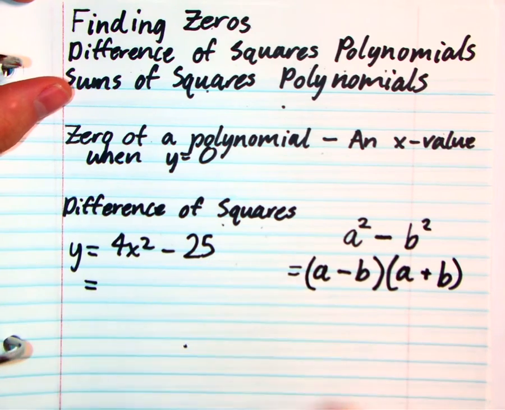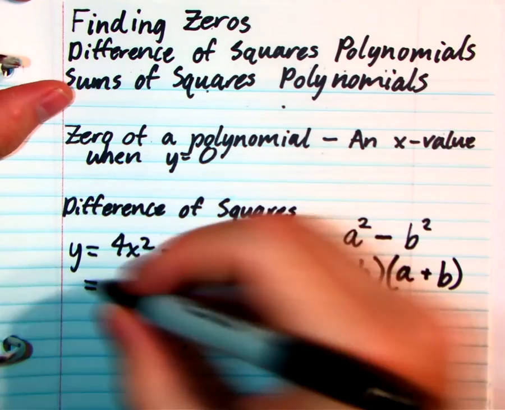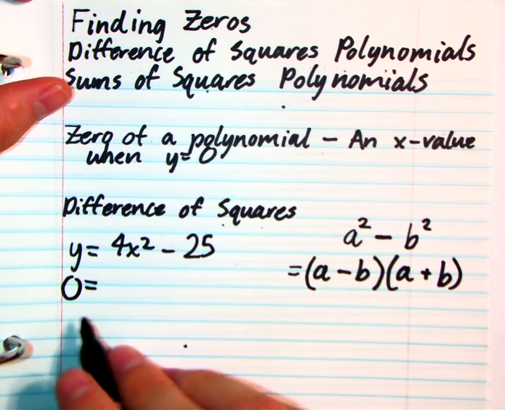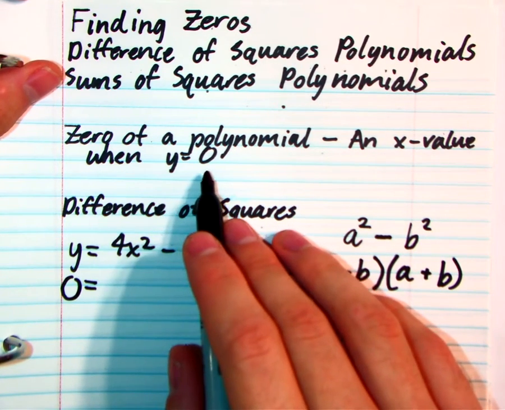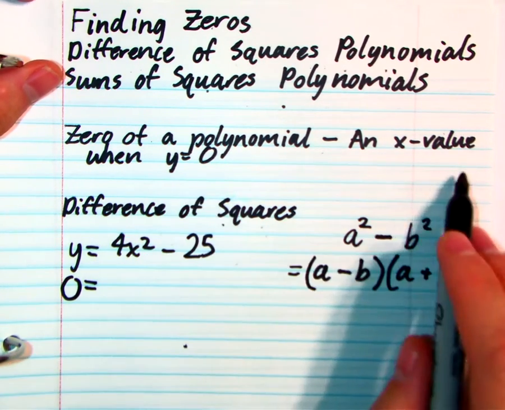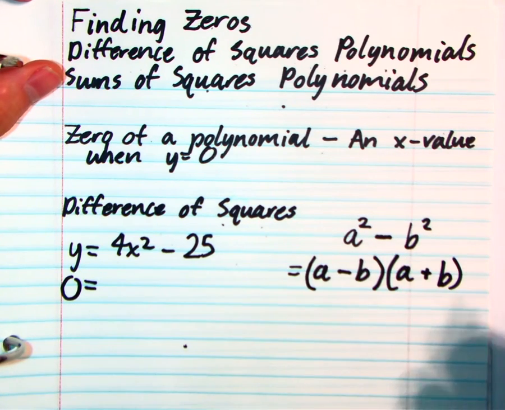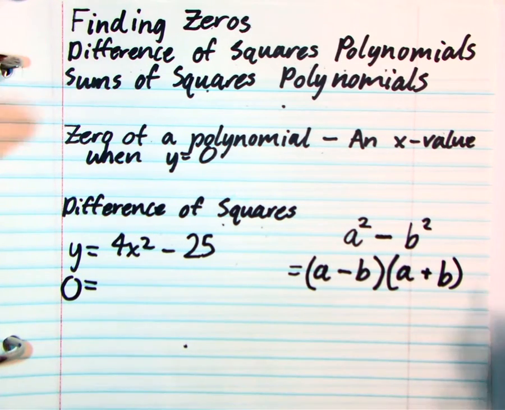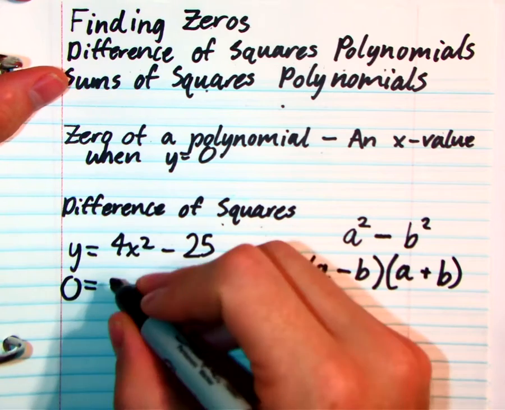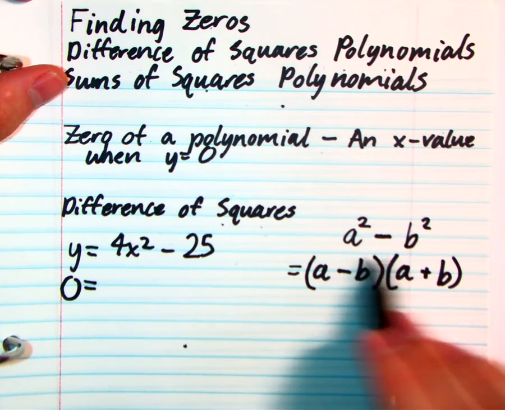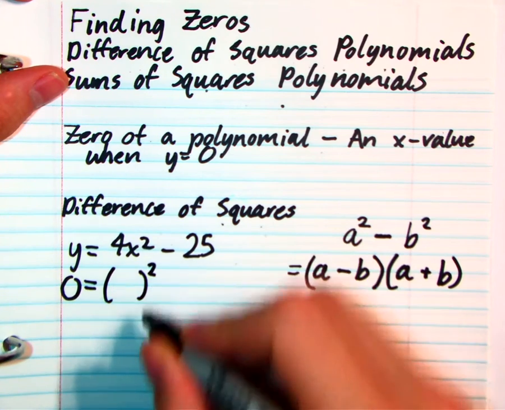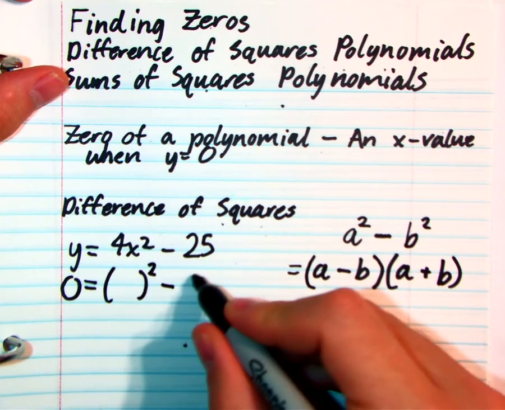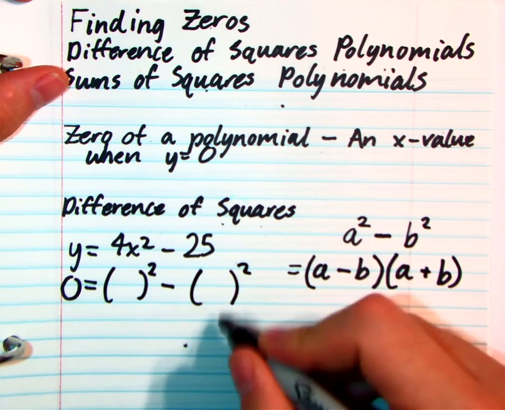The first thing we have to do is set y equal to 0, because to find the zeros of a polynomial, we have to make y 0 and figure out what our x values are. The second thing we want to do is factor. I need to figure out what number is being squared in my first term, and what number is being squared in my second term.